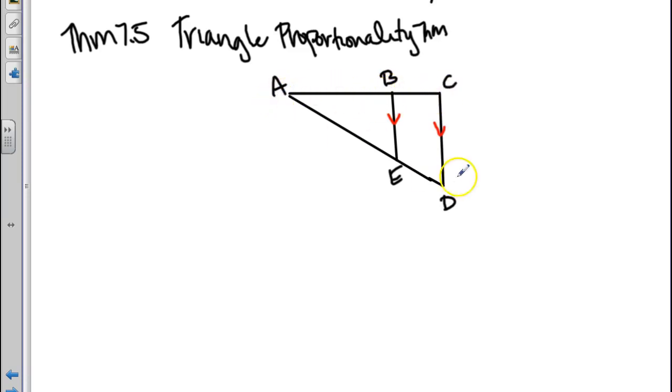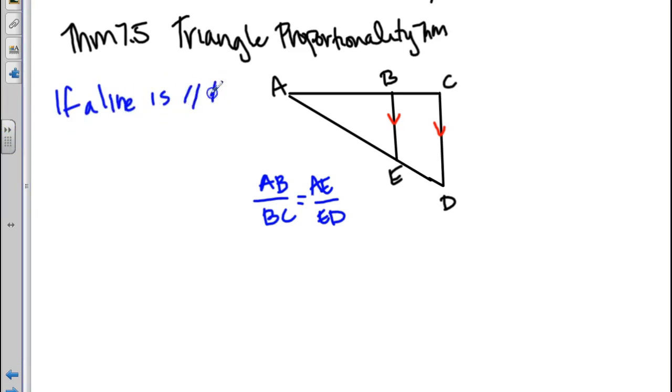So here's the side and that side. Then it divides the sides into segments that are proportional. So that means AB over BC is equal to AE over ED. So the sides are now proportional. So I'm going to go ahead and write this out.